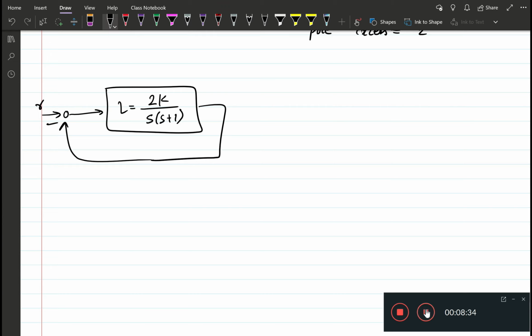which is T, so we have R to T, which is then L over 1 plus L, which you can compute.